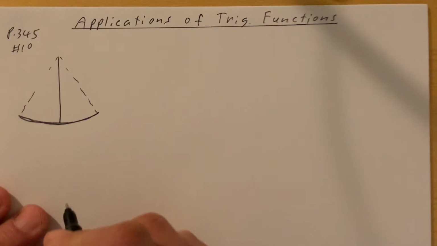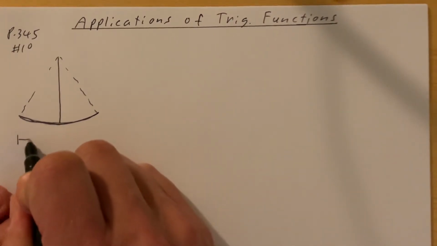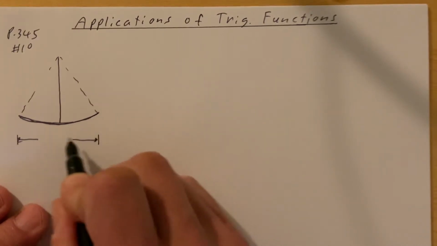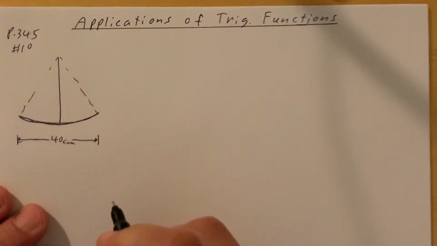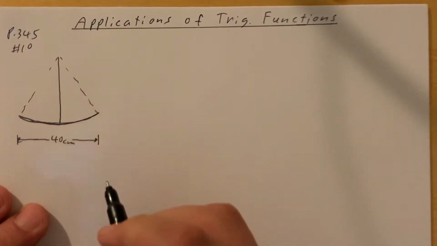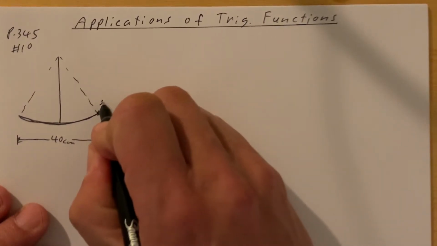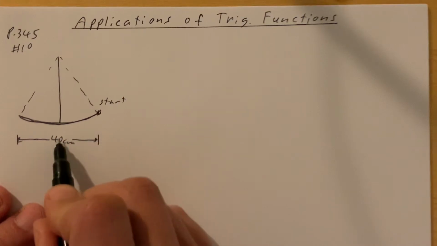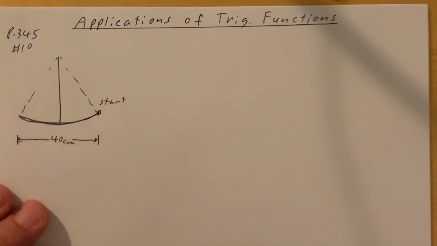Now this horizontal distance, they say is 40 centimeters. We have to choose a starting point at one of the ends, so let's just choose this end as the starting point. It's going to swing forward 20, backwards 20 for a total of 40 centimeters.